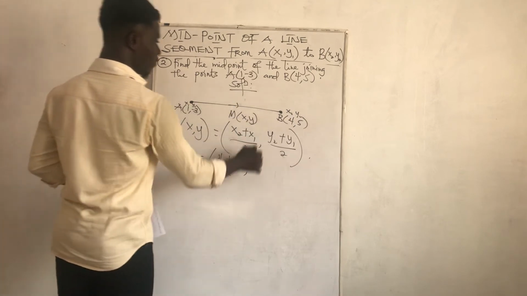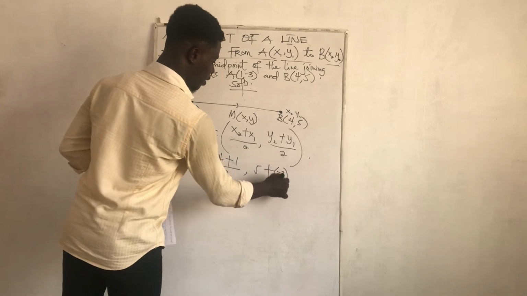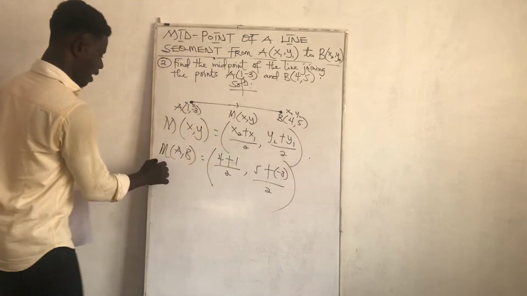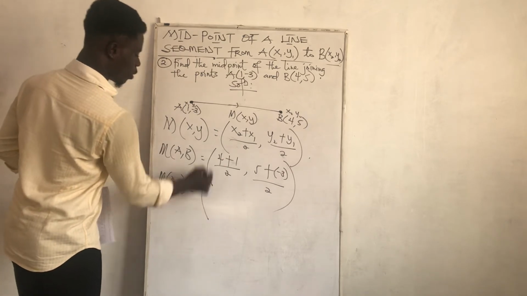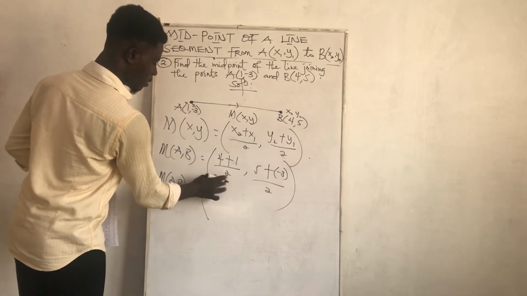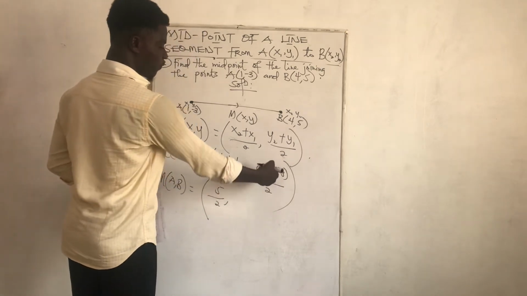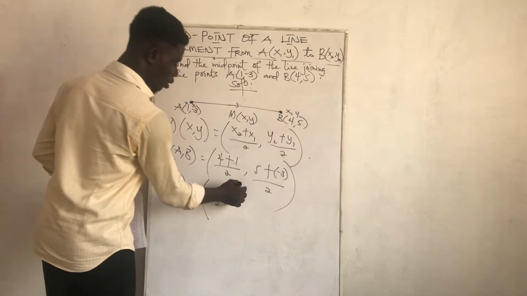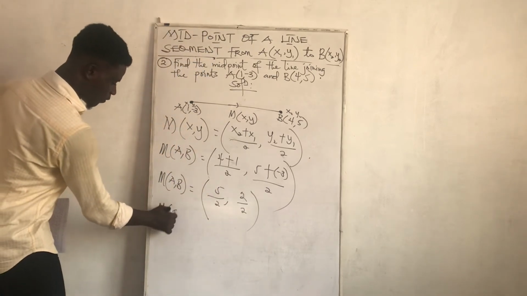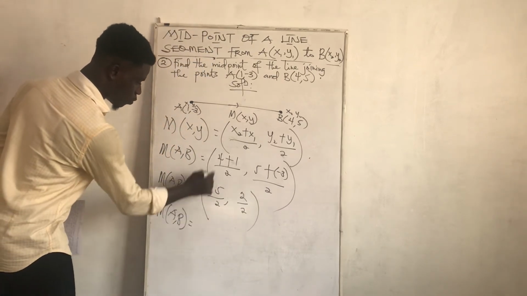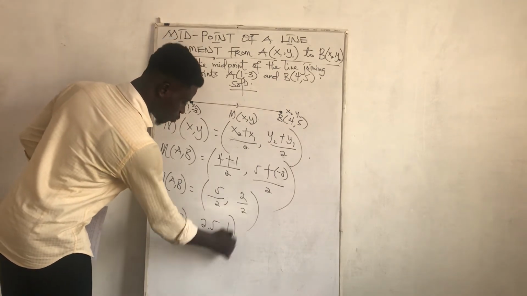Then Y2 gives 5 plus Y1 gives -3, all on 2. So the midpoint of AB is 4 plus 1, which is 5 on 2, then here we have 5 plus -3, which is 2, all on 2.